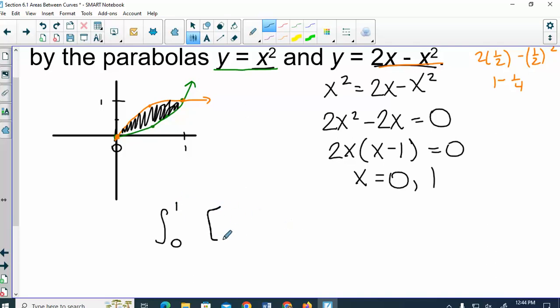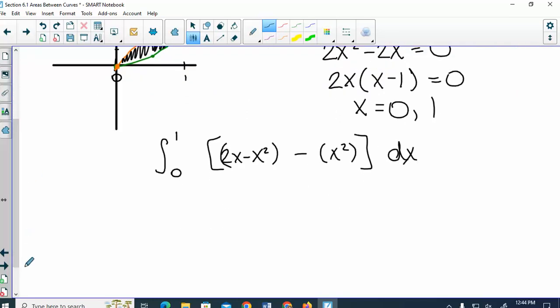My top function is minus my bottom function, which is, and then at the end we put dx, which tells us we're integrating in terms of x. You might want to clean it up a little bit first, just combining like terms. So you just get 2x minus 2x squared dx.